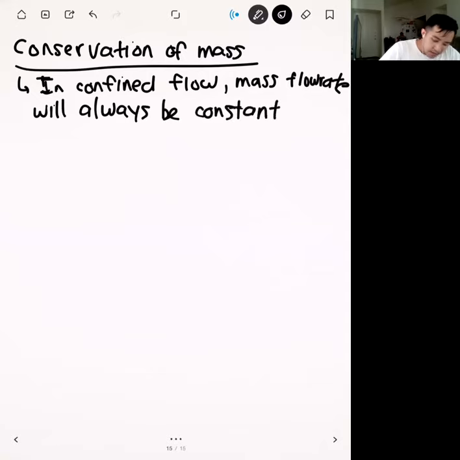The mass flow rate, we give it the symbol m dot, is equal to rho times A times U.